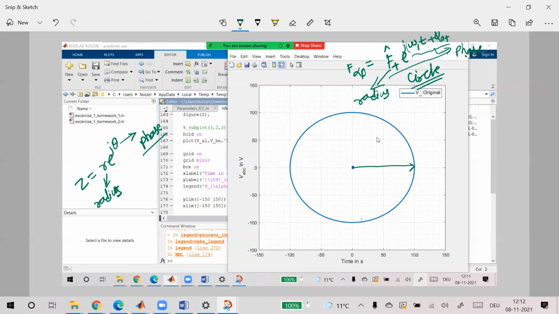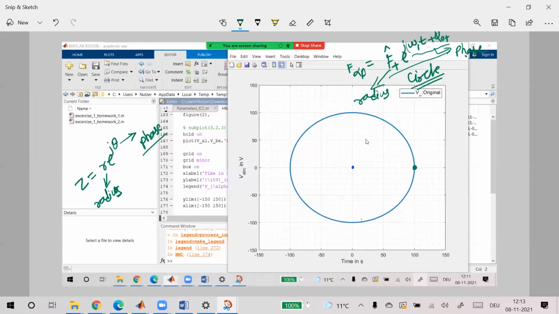And you can clearly see the radius is 100. And it rotates. So it comes from here, it rotates, and again it rotates. So it keeps on making a circle.